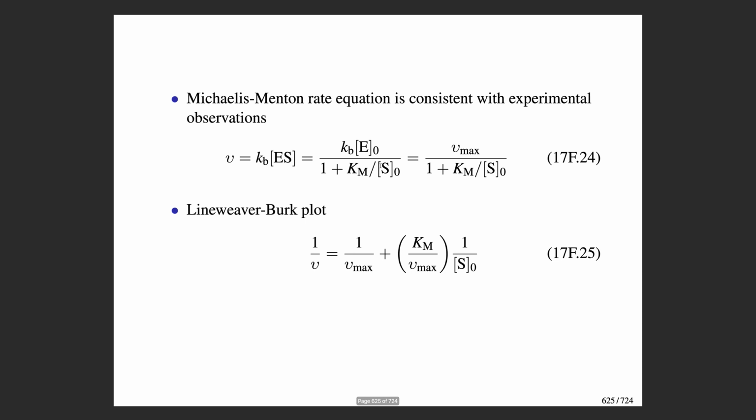Let's look at the substrate now. What happens when the substrate concentration is rather small? Okay, so if this is a small number, that means 1 over that small number is going to be big, much larger than 1.